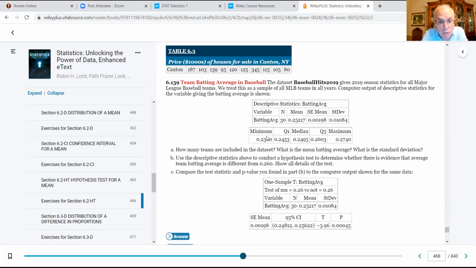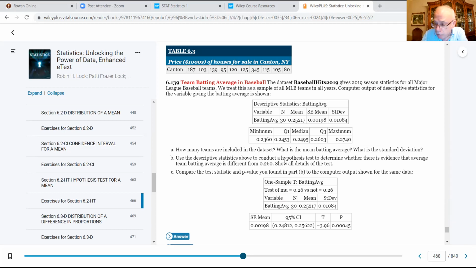In this particular problem, they give you another one down here, by the way. Let's just look at the first one. We'll answer part B for that. Again, I'm going to write down the information we have. Sample size is 30. Since the sample size is 30, we have no information about whether the population of batting averages is normal, but we have enough, 30, to say that the sampling distribution is normal.